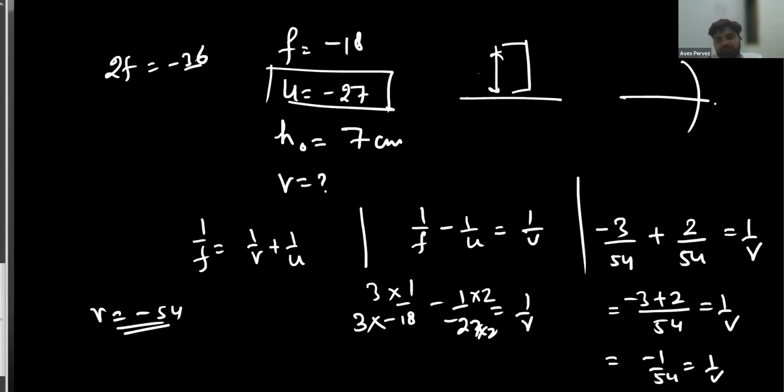This is f, that is minus 18, and that is 2f, that is minus 36. So here it is placed between F and R. So the image will be formed beyond, and it is enlarged, real, and inverted.